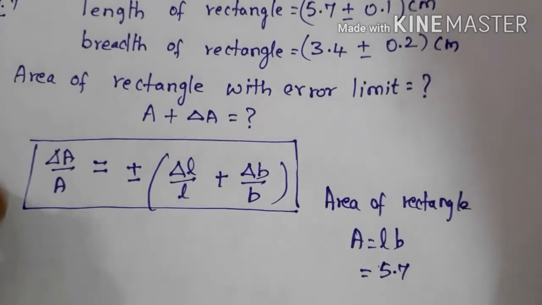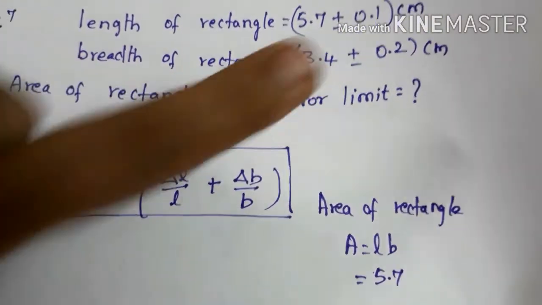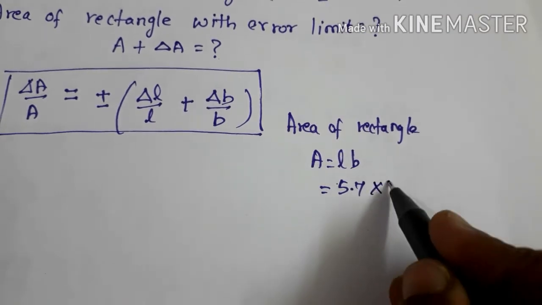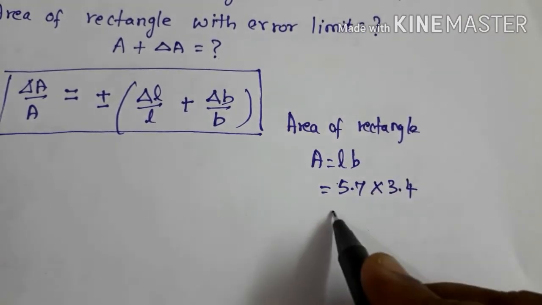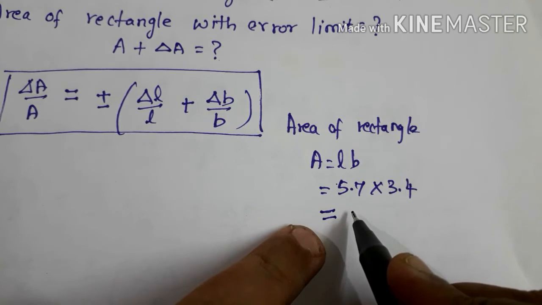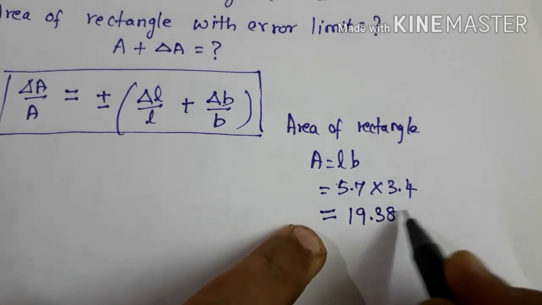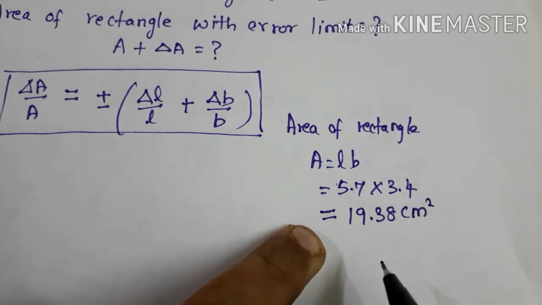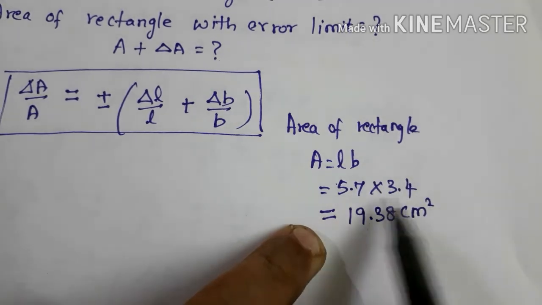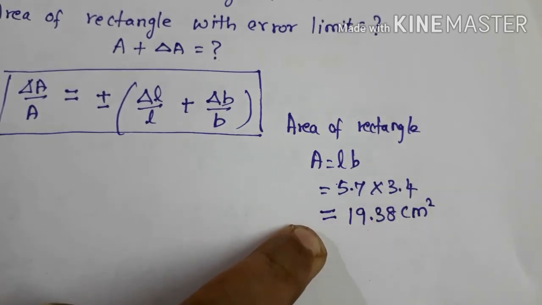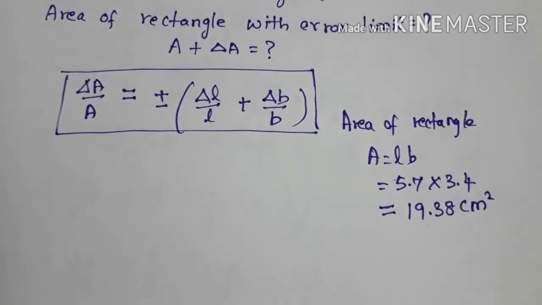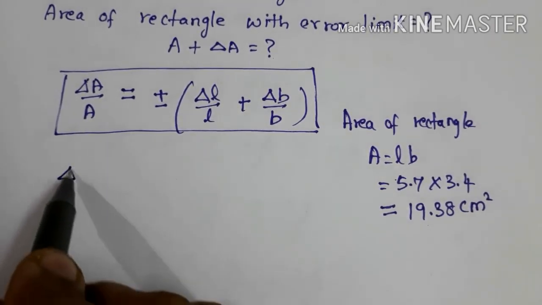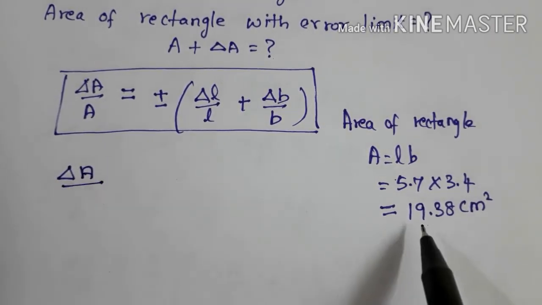You can see 5.7 and 3.4, length and breadth. 5.7 into 3.4. If you multiply these two, children, you will get 19.38 centimeter square. Actually, I have used a calculator here. You can try log here, children.